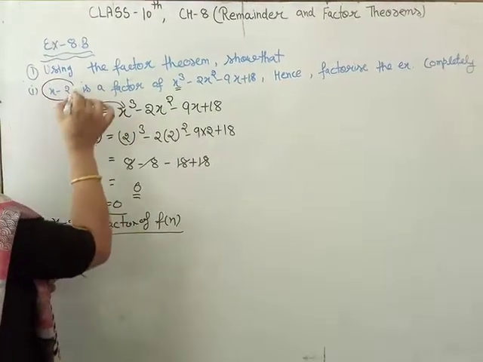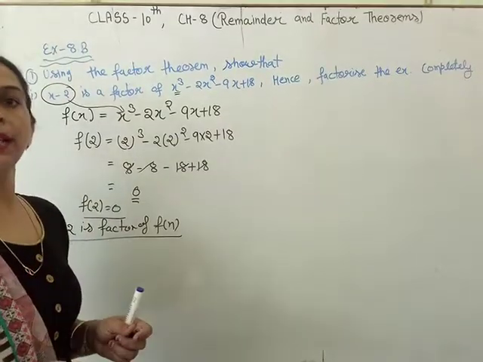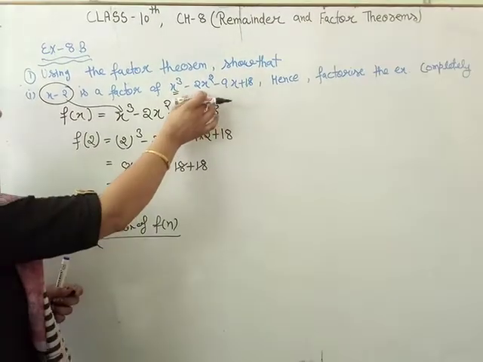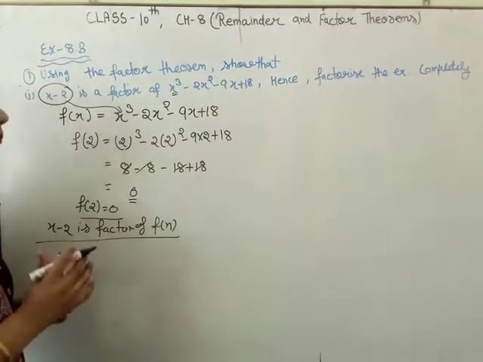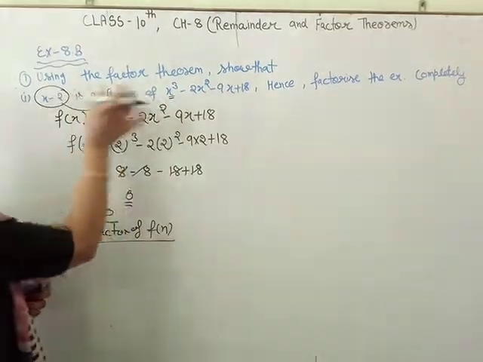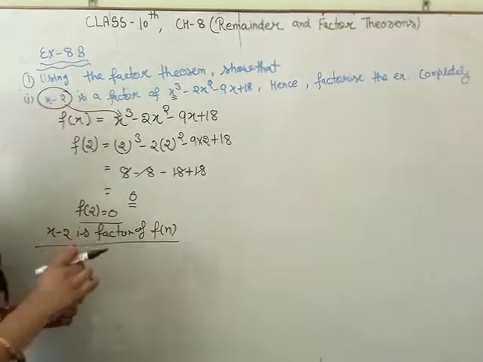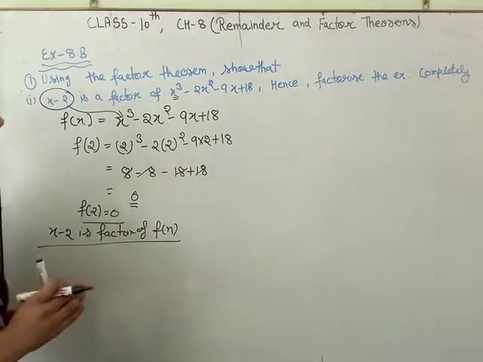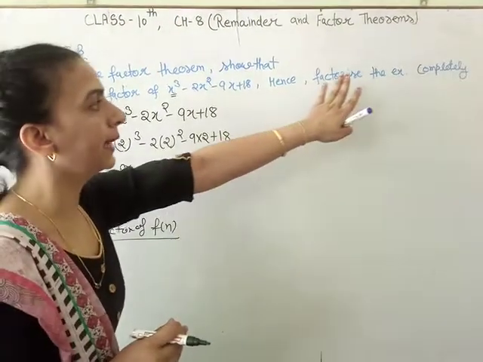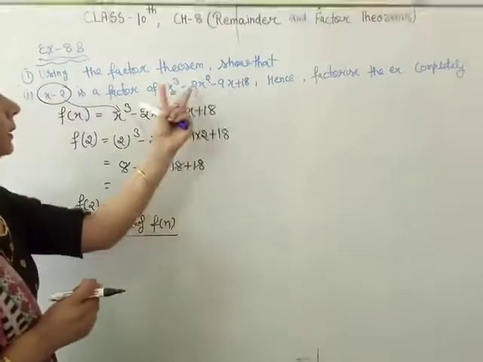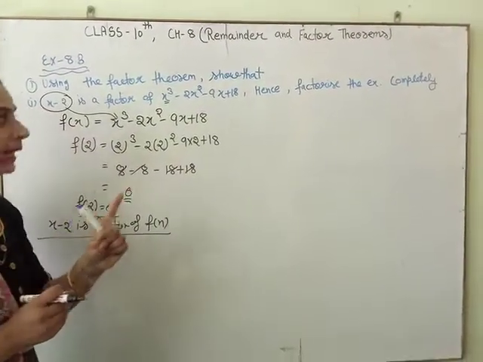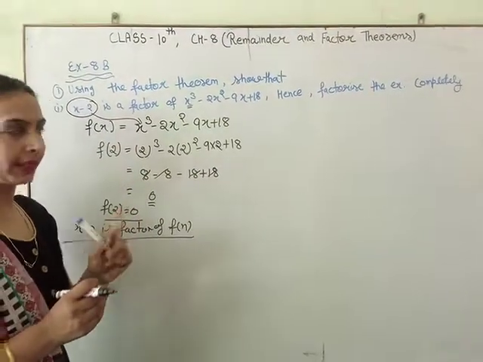Only one factor is given, so we find the remaining factors. If we find the remaining factors, then only 2 factors are left. We divide this expression by this factor for finding the remaining factors. Okay. To factorize it completely, we divide this expression by this by the division method, then we find the remaining factors.